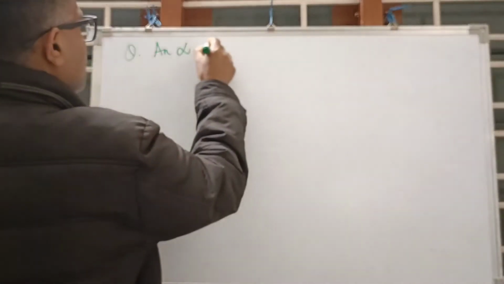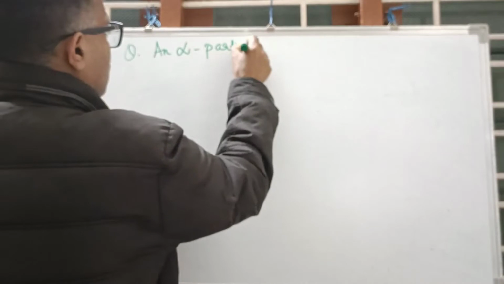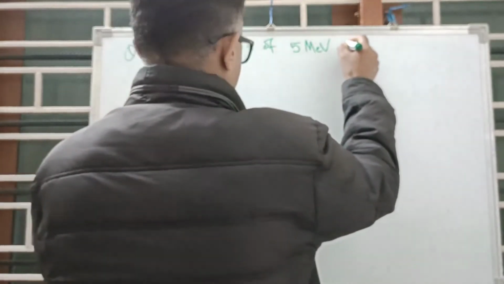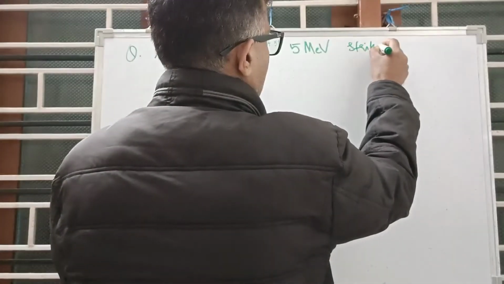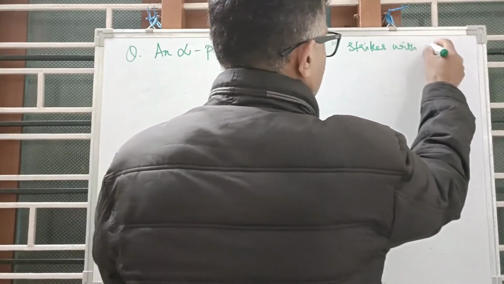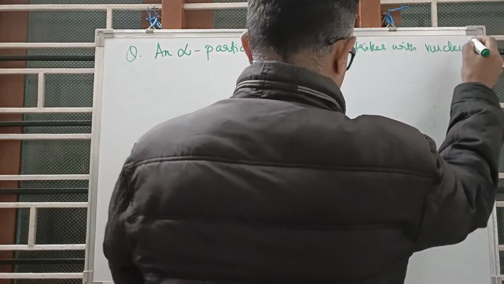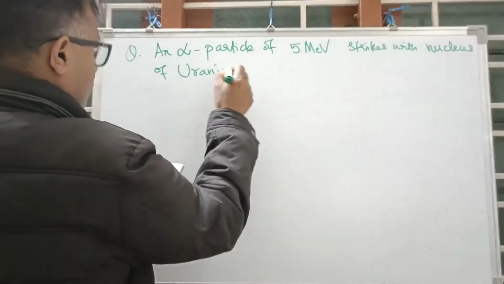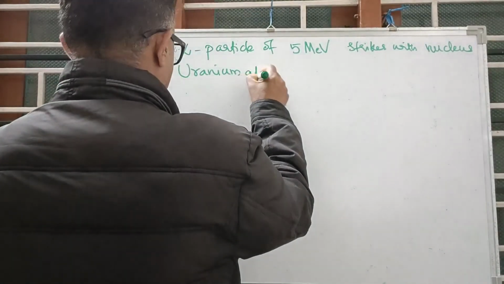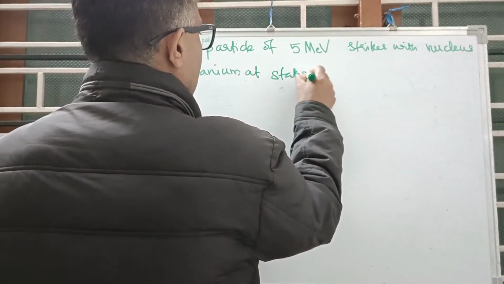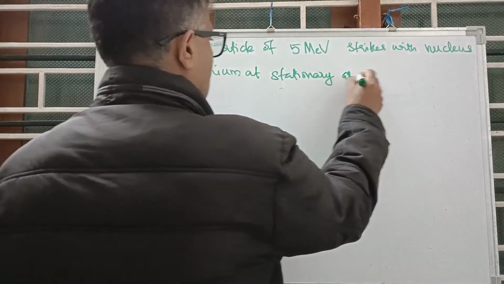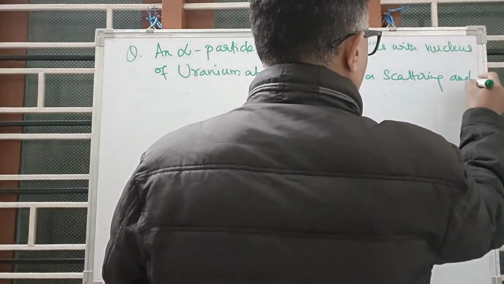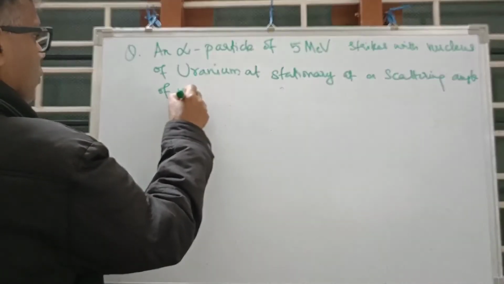An alpha particle of 5 mega electron volt strikes a stationary nucleus of uranium at a scattering angle of 180 degrees.